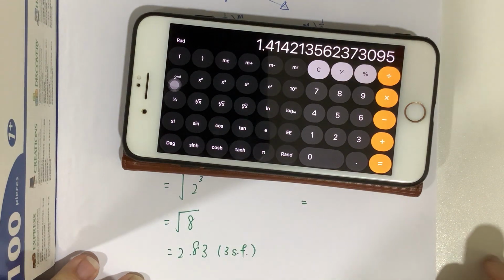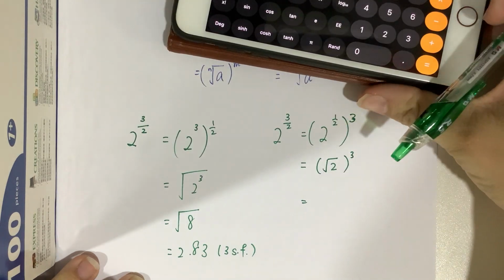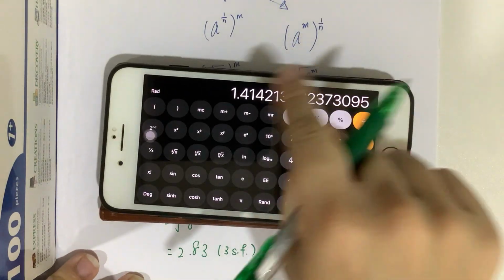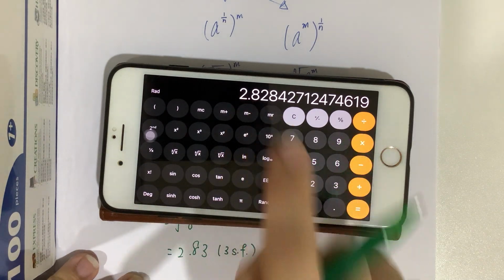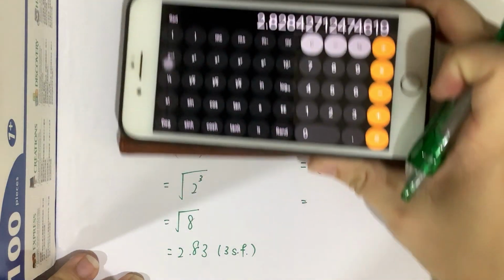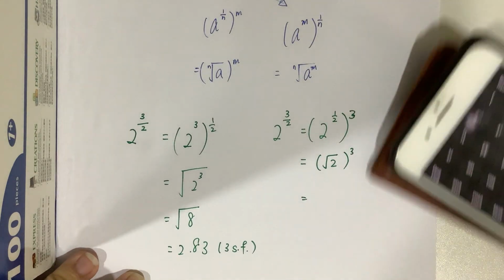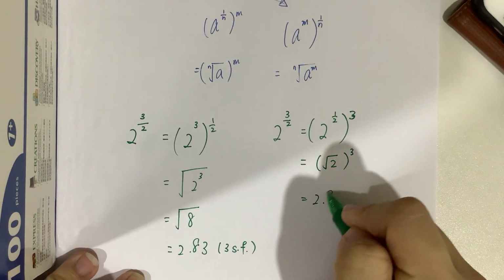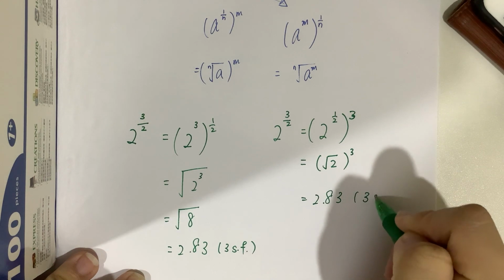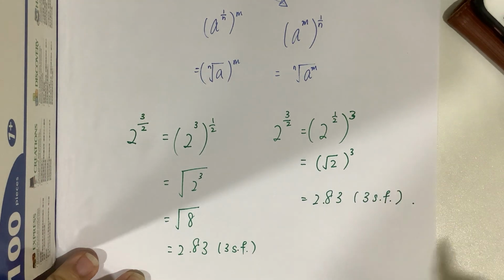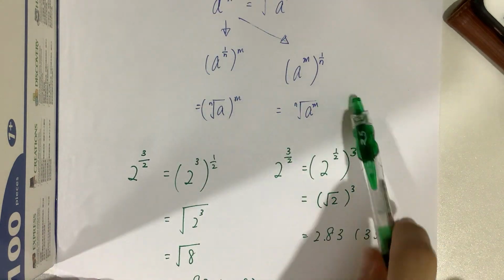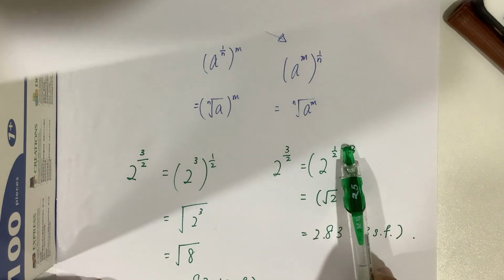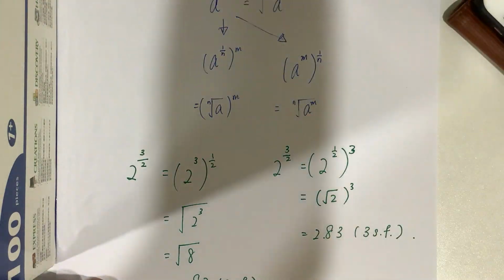Square root of 2, I get 1.4142, and then I must cube it. I get 2.828, which is the same. Can you see that? So this is 2.83 rounded off to 3 SF. In this case, it has proven to you that you can write in this form or this form.